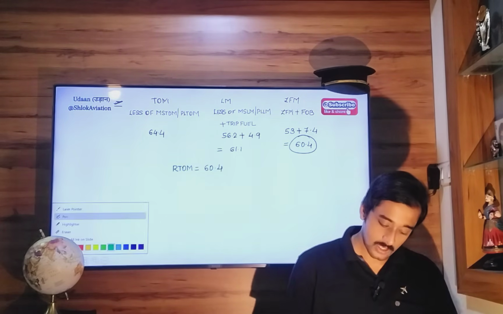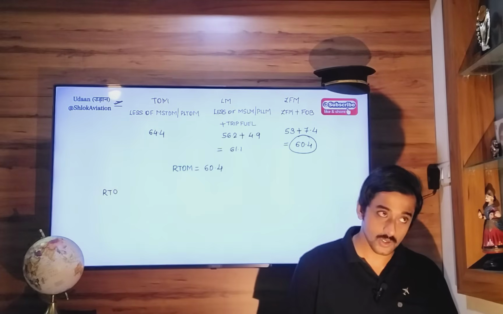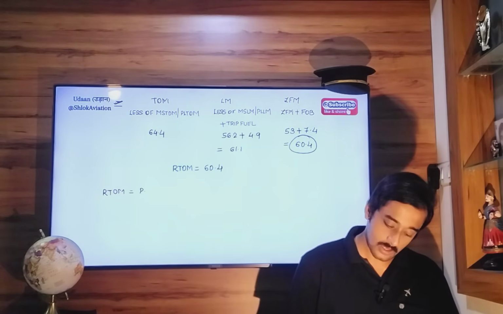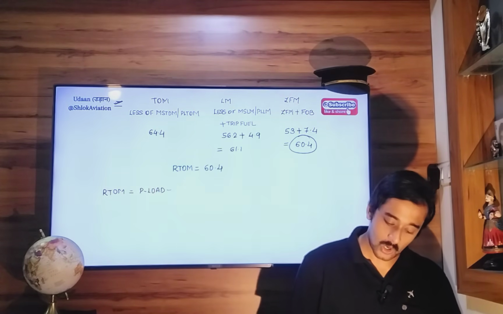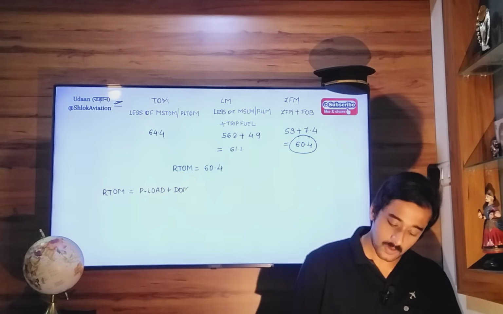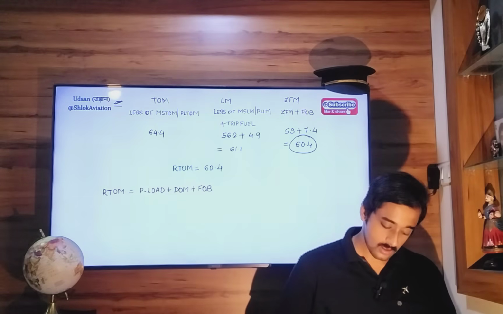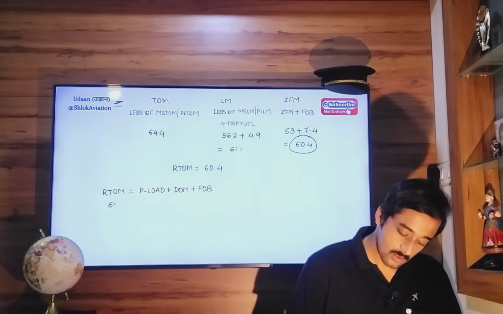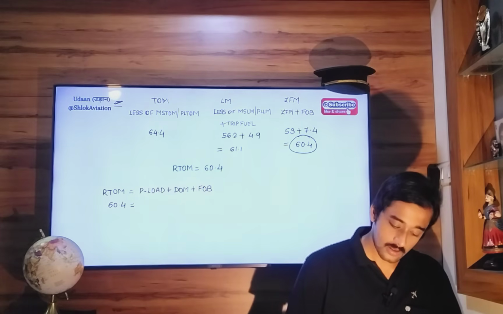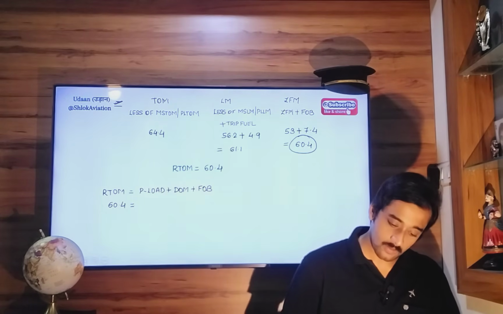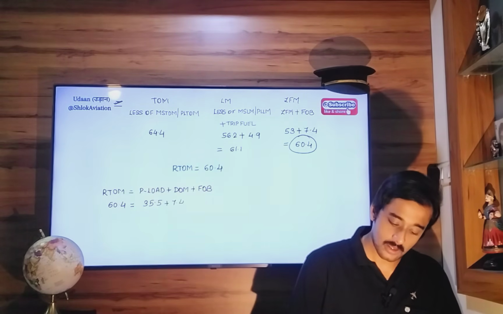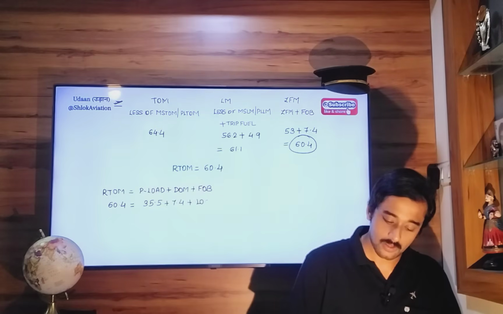Step 2, regulated takeoff mass equals payload plus DOM plus fuel on board. So 60.4 equals, what is DOM? 35.5, fuel on board 7.4 plus payload.